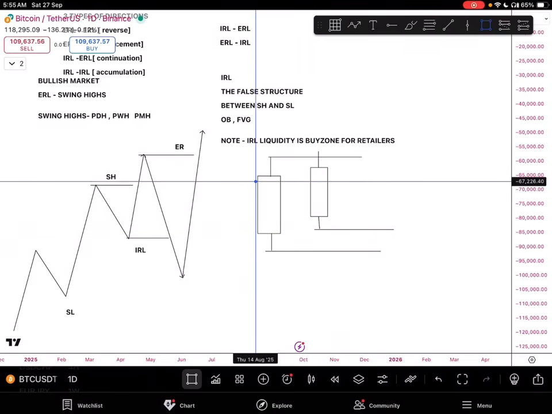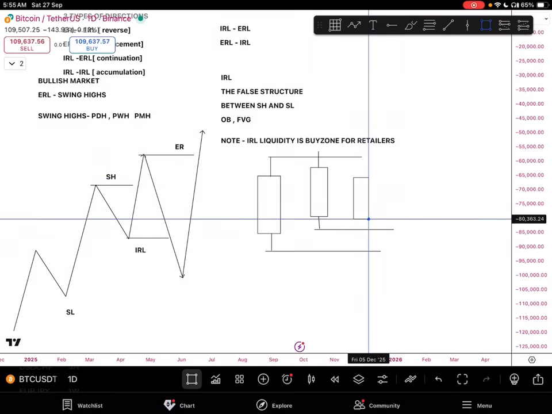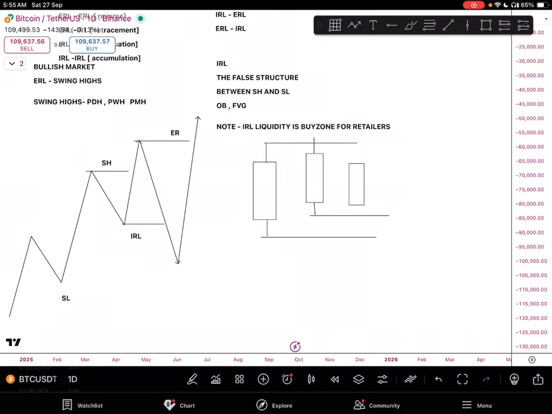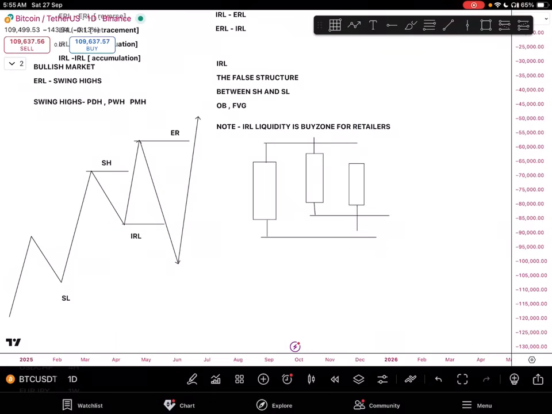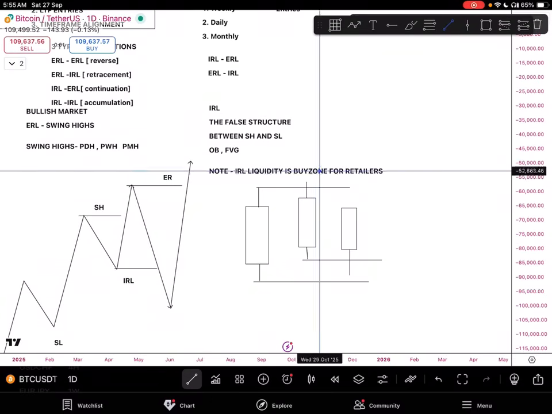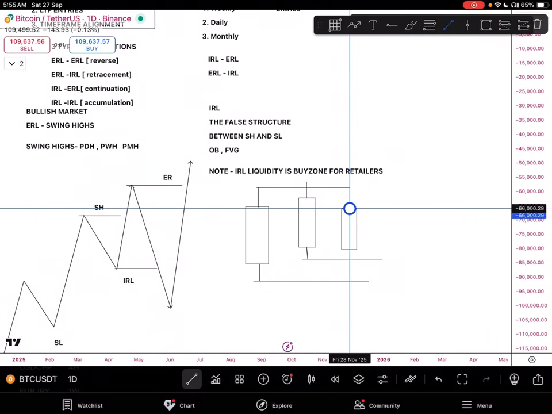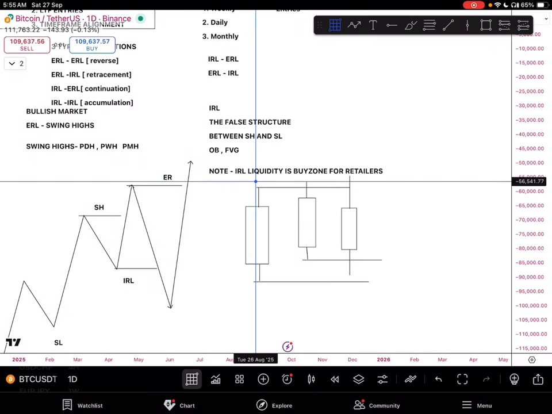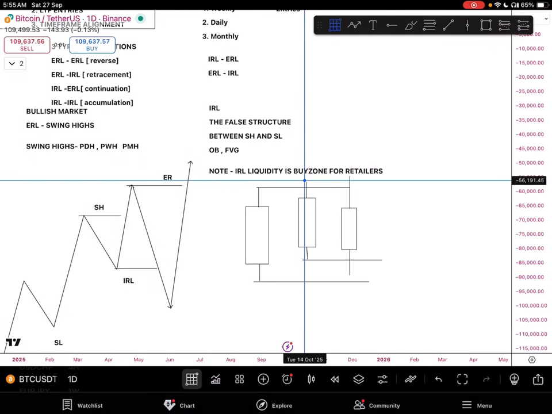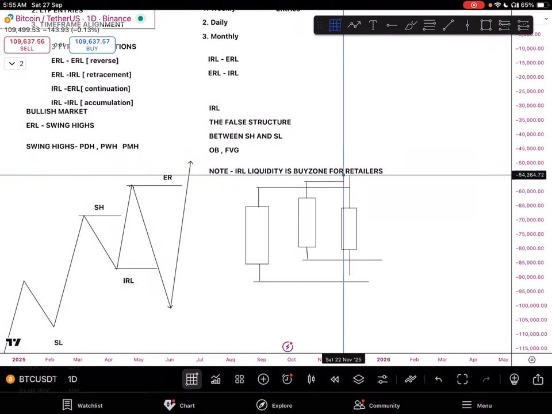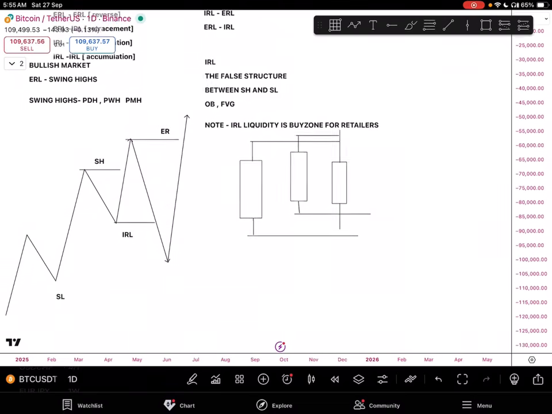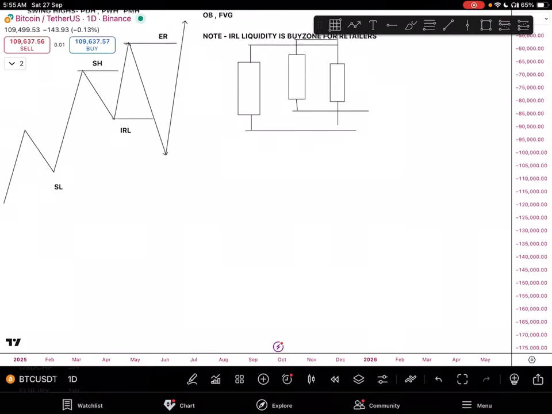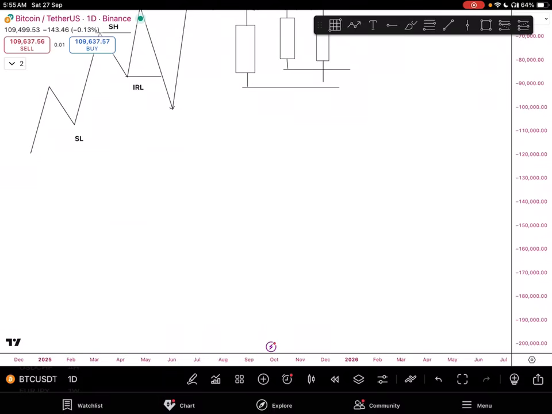So here the price just came to take this previous day low, and it is heading to the external range liquidity, which is this previous day high. Understand? So this is daily, and you need to clearly understand this one.